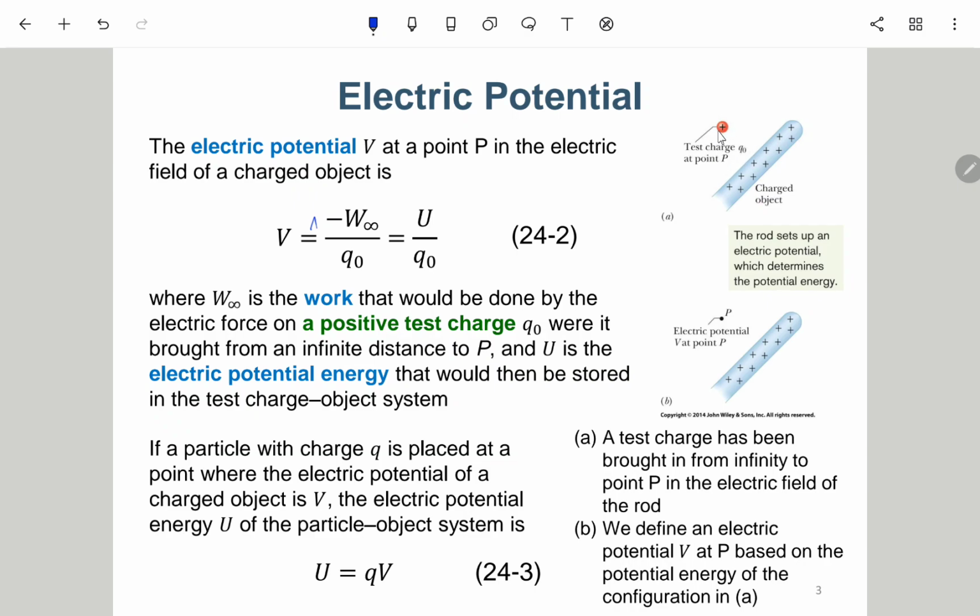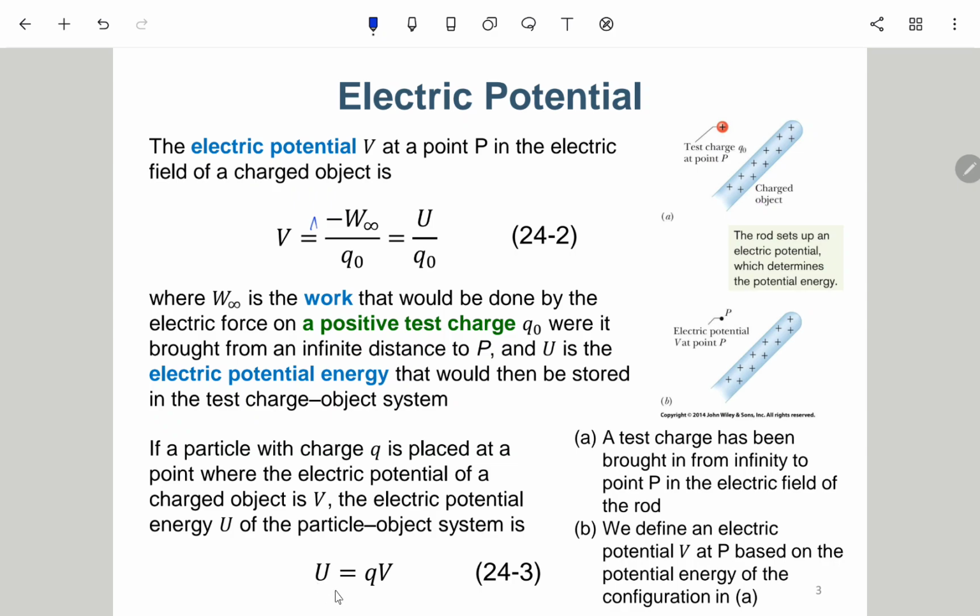If this charge is infinitely far away, then R tends to infinity, which means there is no Coulomb force. But if you put a charge here, then there will be some energy stored in this system, and this is U, the electric potential energy here.